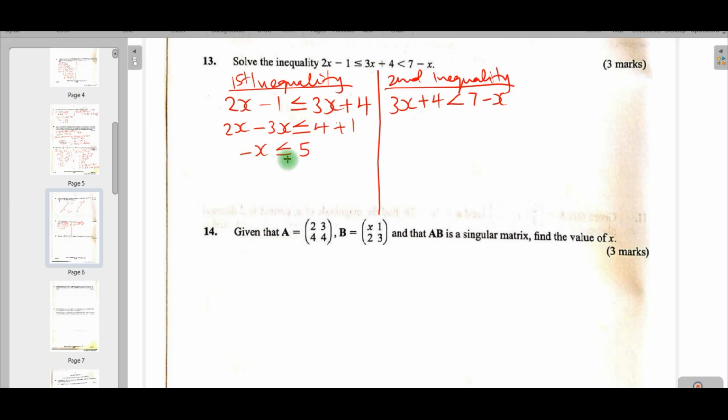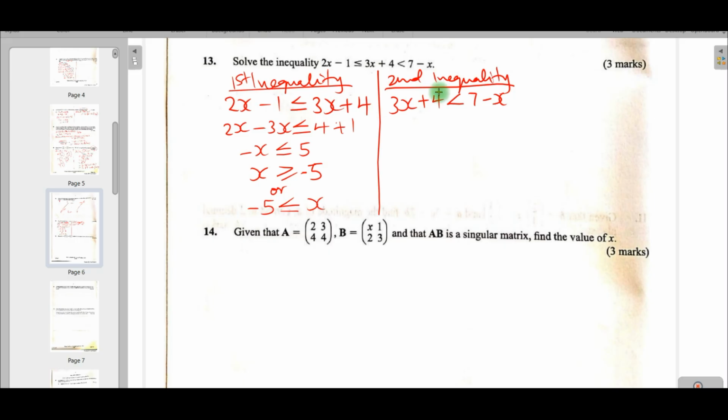The moment we divide by a negative number, the inequality sign will change, and therefore x is greater than or equal to minus 5. This can also be written as minus 5 is less than or equal to x.